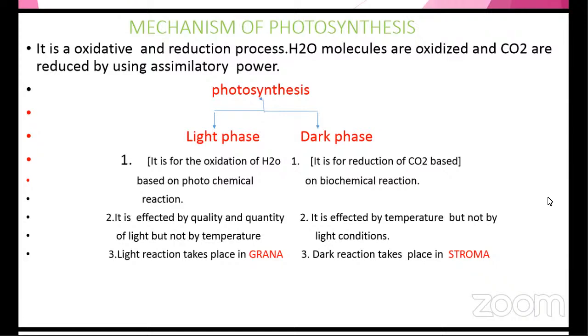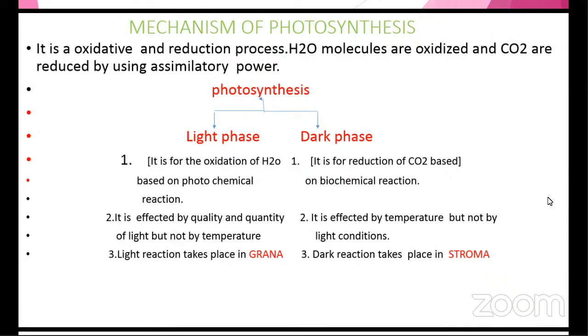And what about the dark phase? The dark phase is a reduction of CO2 based on biochemical reactions, whereas the light phase is based on photochemical reactions. In the dark phase, CO2 is reduced. The second point is, this dark phase is influenced by temperature, but not by light.